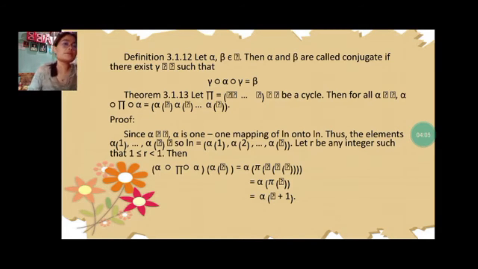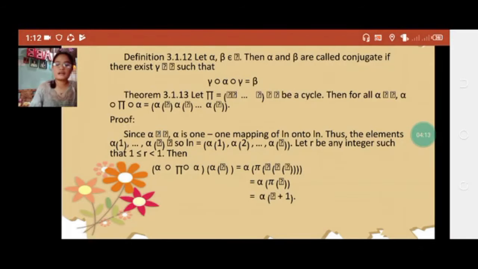So theorem 3.1.13. Let pi is equal to the cycle (i sub 1, i sub 2, up to i sub k), an element of S sub n.